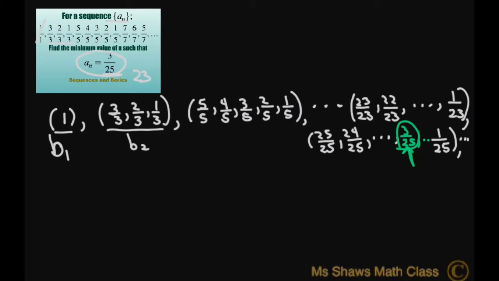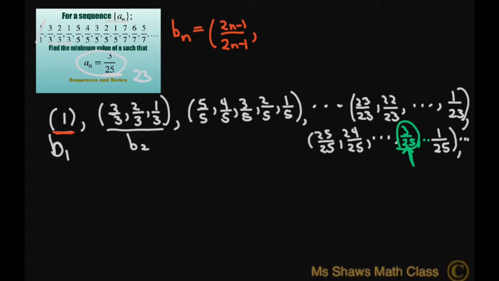All right, so let's look at our pattern. Our b sub n pattern: if I look at the first term, that one's going to be 2n minus 1 divided by 2n minus 1. These are all pretty much odd numbers, except for the numerator.